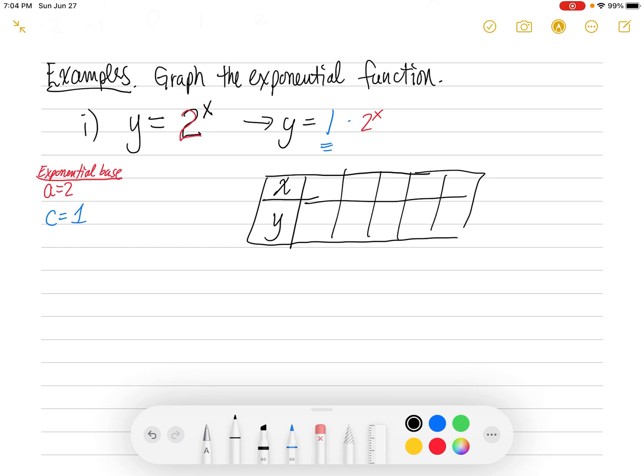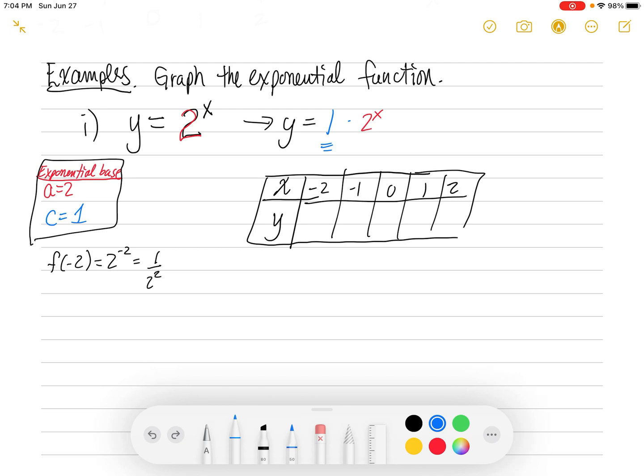Now, let's make a table of values of this. X's and Y's. They always make these horizontally in our book, so I'll do that. -2, -1, 0, 1, and 2. First of all, I'll find f of -2. That would be 2 to the minus 2 power, in other words, 1 over 2 squared.